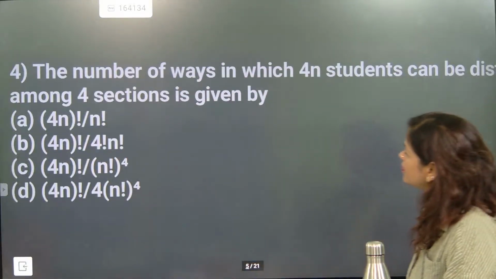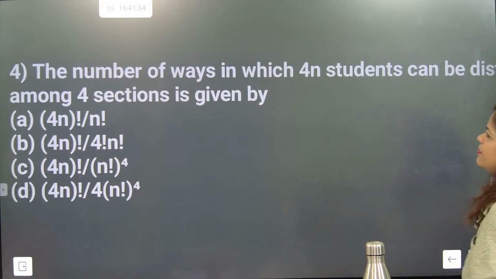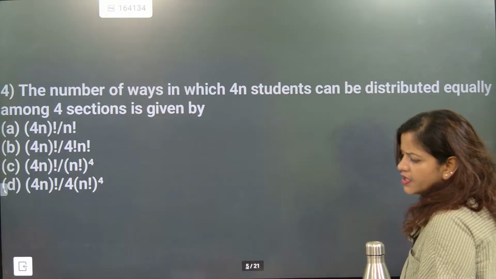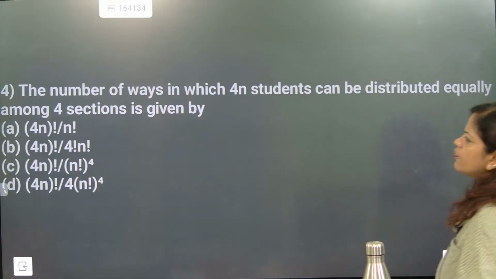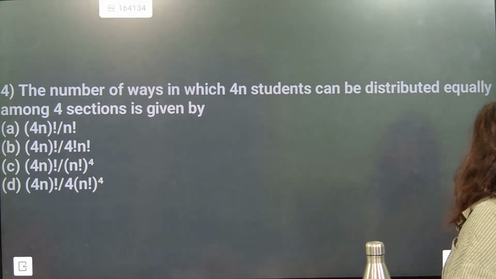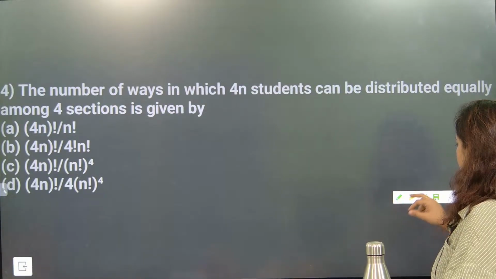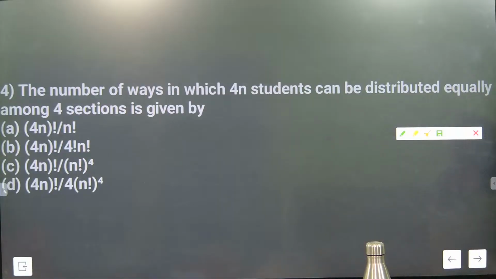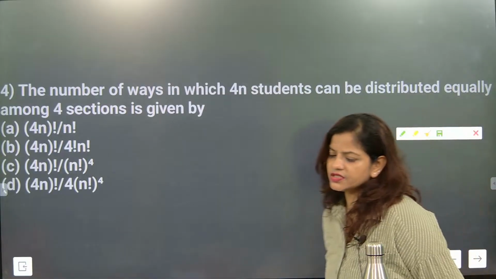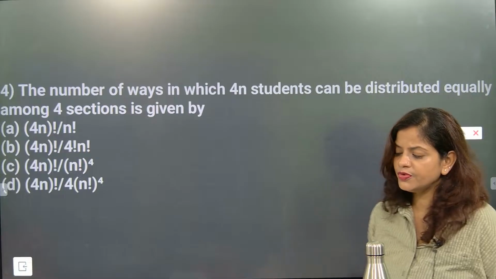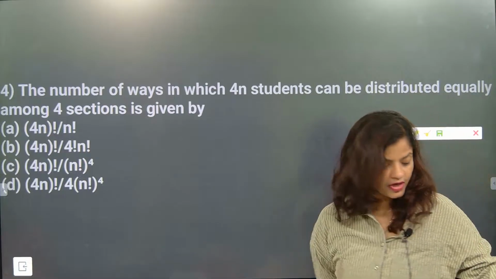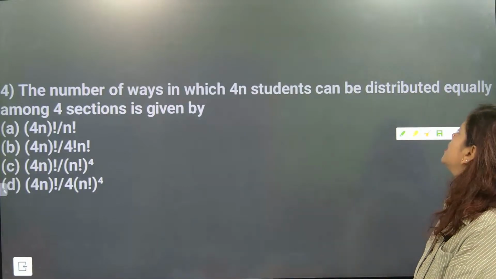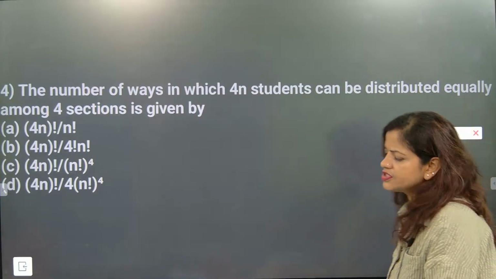Now look here. The number of ways in which 4n students can be distributed equally among 4 sections is given by. Come on, do it. So here what they are telling, 4n students can be distributed equally among 4 sections.